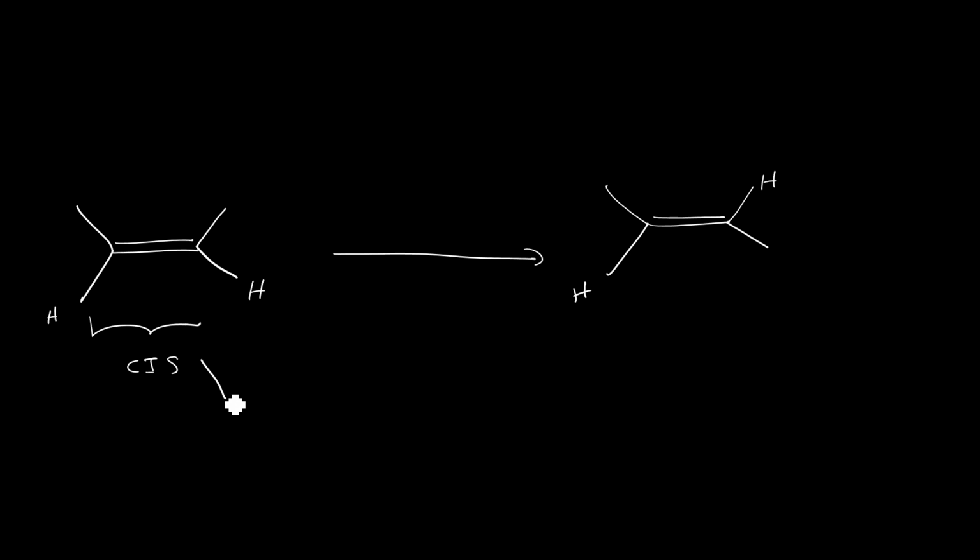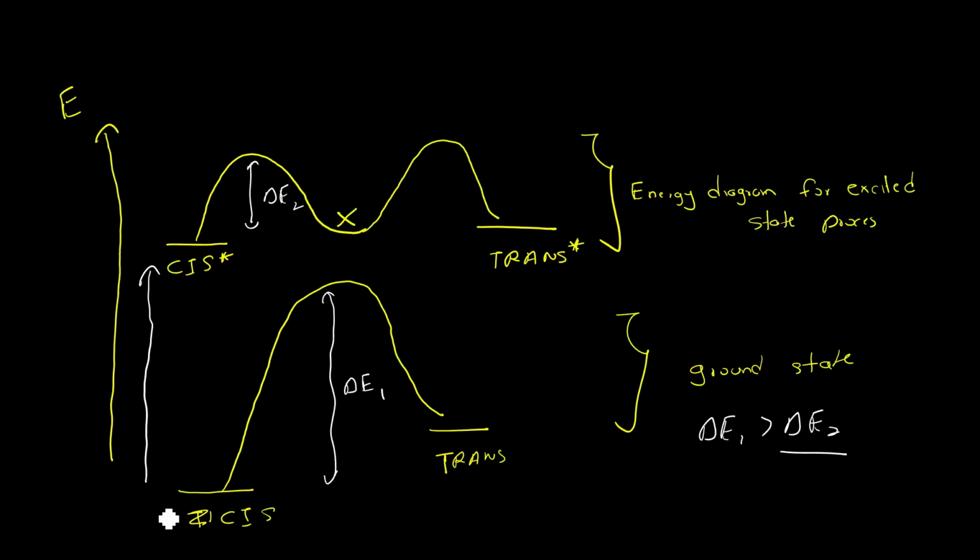First step is to excite the molecule. Here we have done the excitation. So this is the initial place, then you do the excitation. Initial place is here, we are on the ground state. So when the excitation happens, we are moving to the cis.